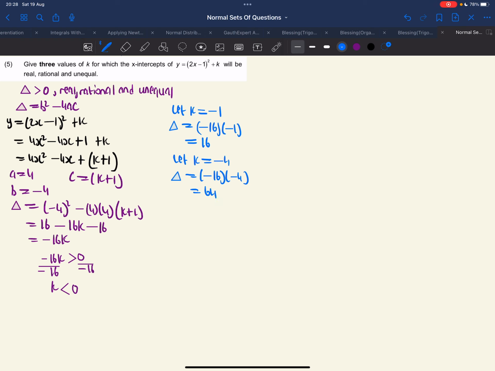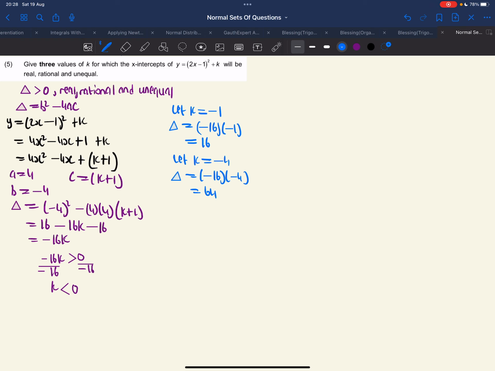So that could actually work as well. Now another one we can try: -16 times -5 gives 80, and that won't give you a rational root, so that's not what we want.